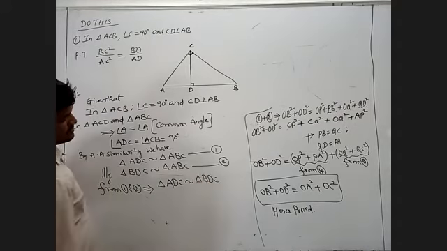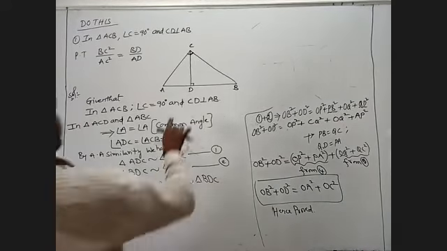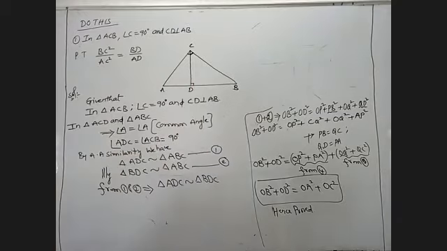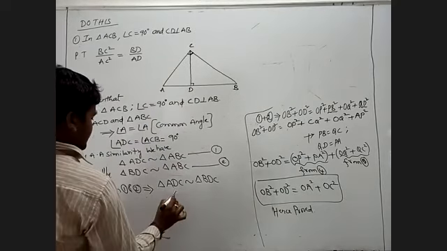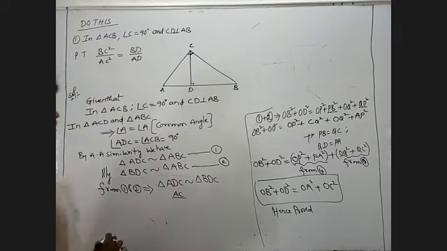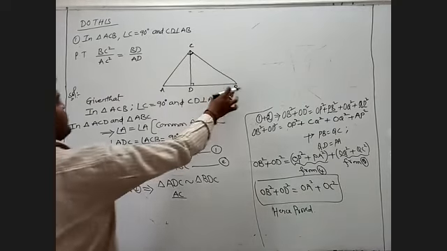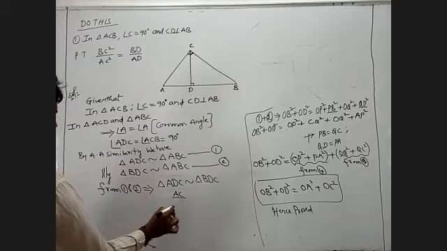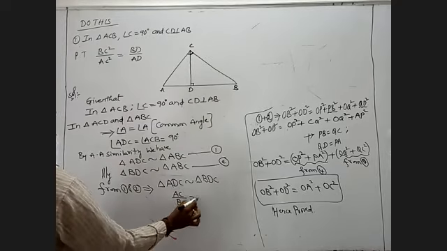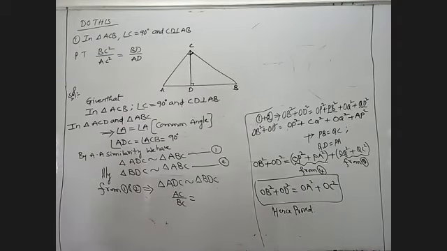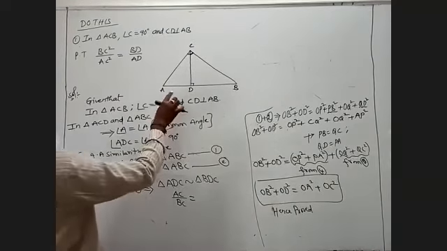We will write. First, I will take triangle ADC. In triangle ADC, we will write AC by, after that we will take triangle BDC, and the given hypotenuse is BC. AC by BC is nothing but I have to take their bases.